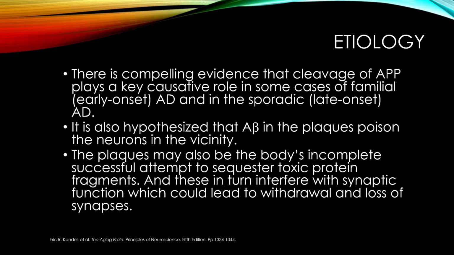All right, so there is compelling evidence that the cleavage of the APP plays a key causative role in some cases of familial early onset Alzheimer's disease. Remember how we said Alzheimer's disease actually starts in your middle age. We saw the 60s was one that was a flag, and then your 70s and 80s, so the elderly population.